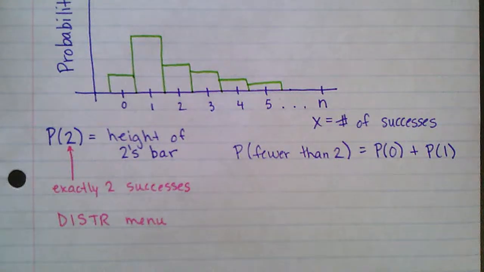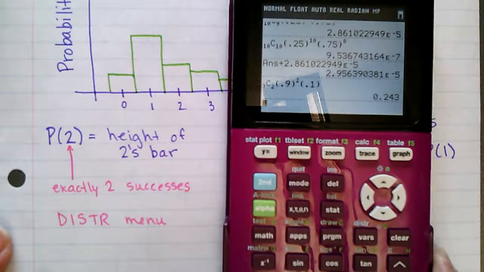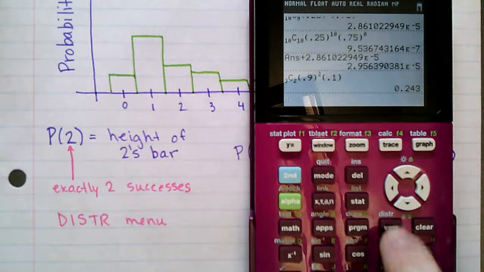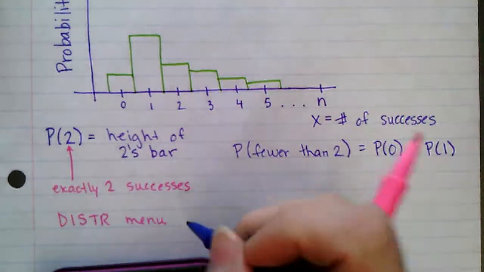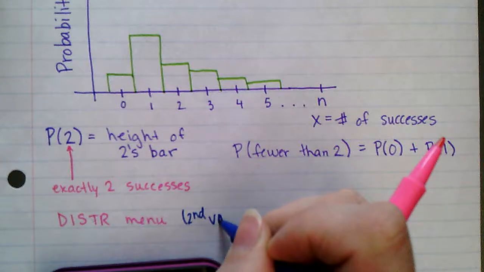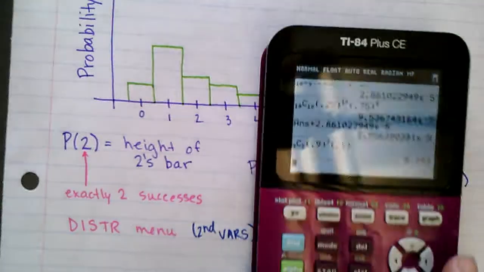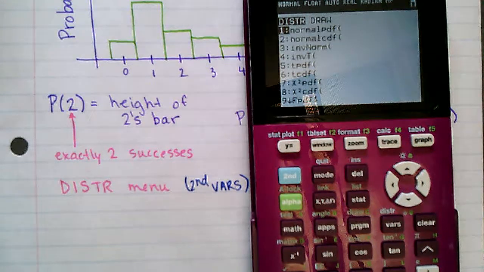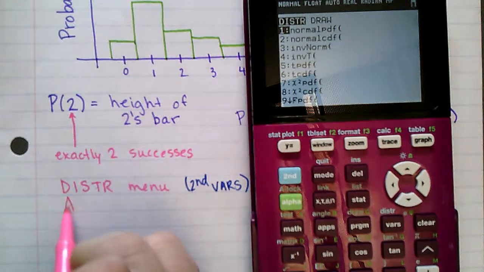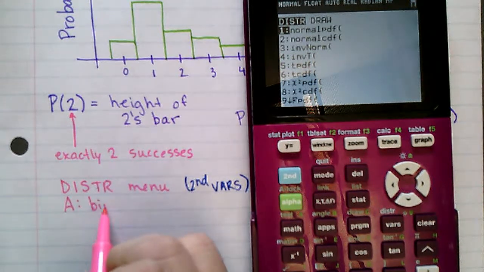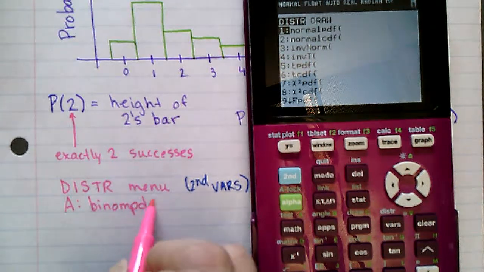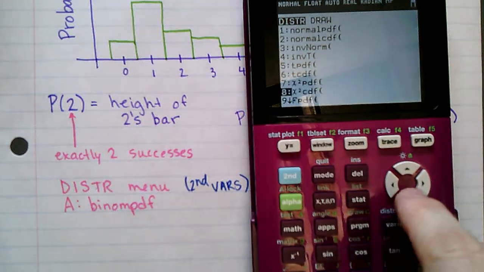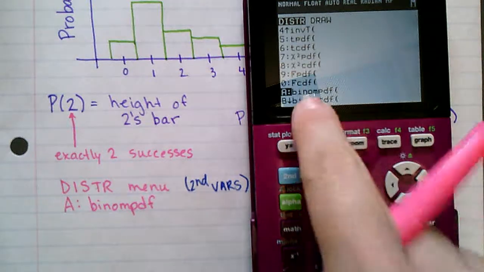You've probably never even noticed it on there, it's the second feature for the VARS button. So we go to the distribution menu, and we're going to choose A, which is Binomial PDF.